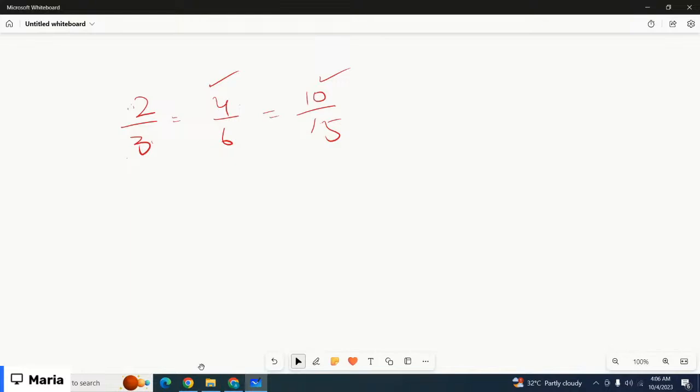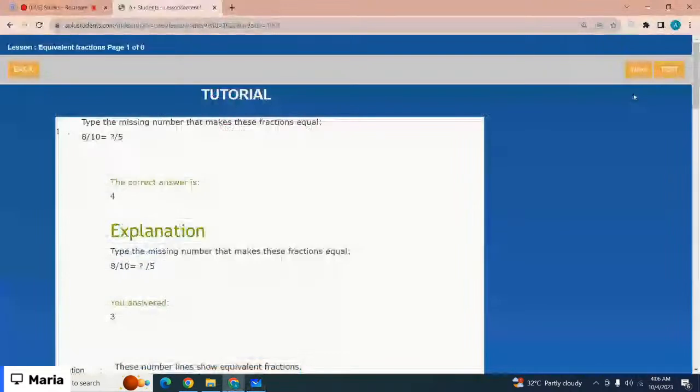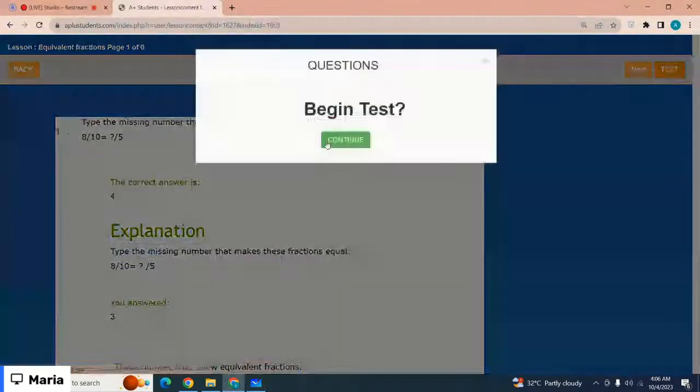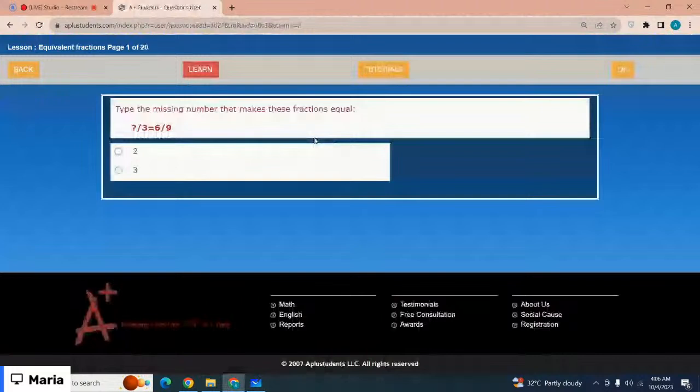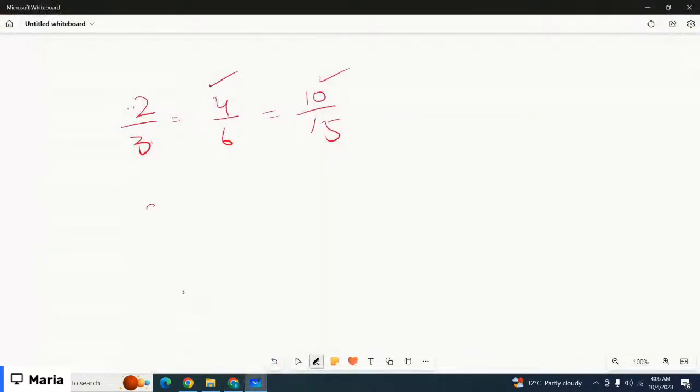Let's see what type of questions are here for equivalent fractions. You have to find the missing number. Type the missing number that makes these fractions equal. Missing number over 3 and 6 over 9. Just look at these two numbers. 3 times 3 makes 9, right?